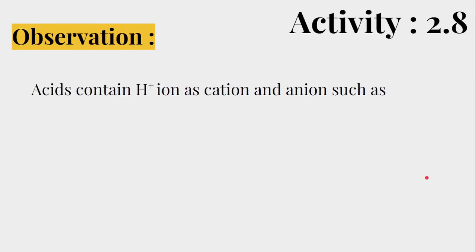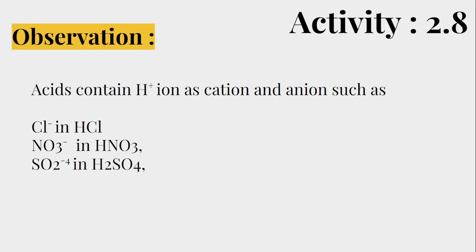The acids contain H+ ions as cation and anions, such as Cl- in HCl, NO3- in HNO3, and SO4 2- in H2SO4. So these are the ions in these solutions respectively, and also CH3COO- in CH3COOH.